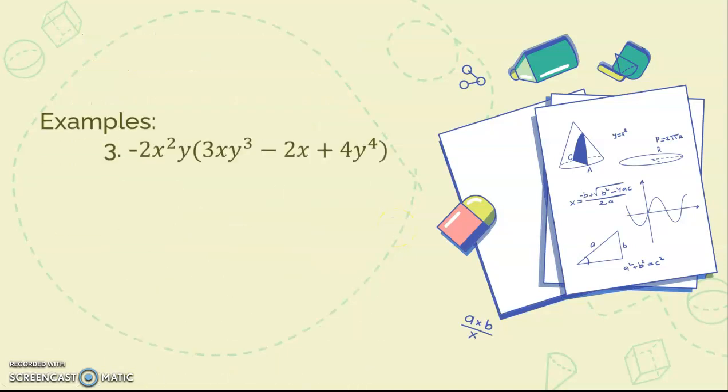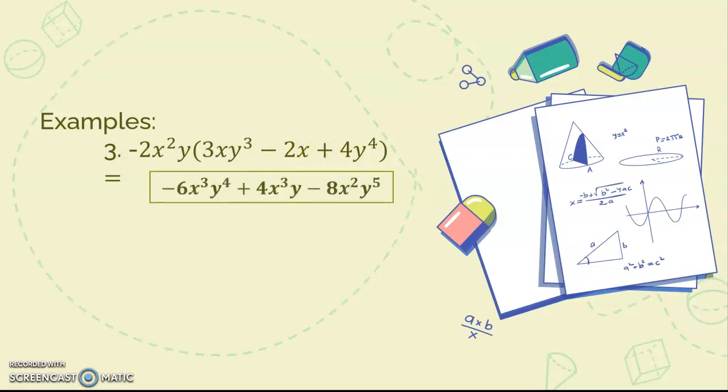Okay, so that is it, class. So, let's have another example. Number 3. We have negative 2x squared y times the quantity of 3x y cubed minus 2x plus 4y to the 4th. Okay, so let us go straight to the answer. I will just explain it to you.